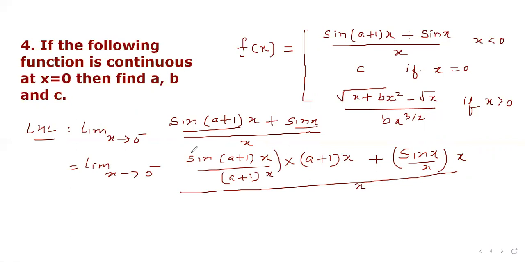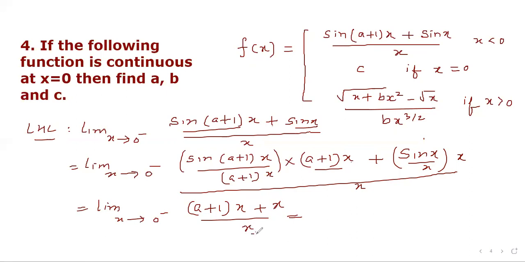So this will become 1, this will become 1. So we will be left with (a plus 1) times x plus x, whole divided by x. So x, if we take common, then it will get cancelled by this x. So we will be left with a plus 2.